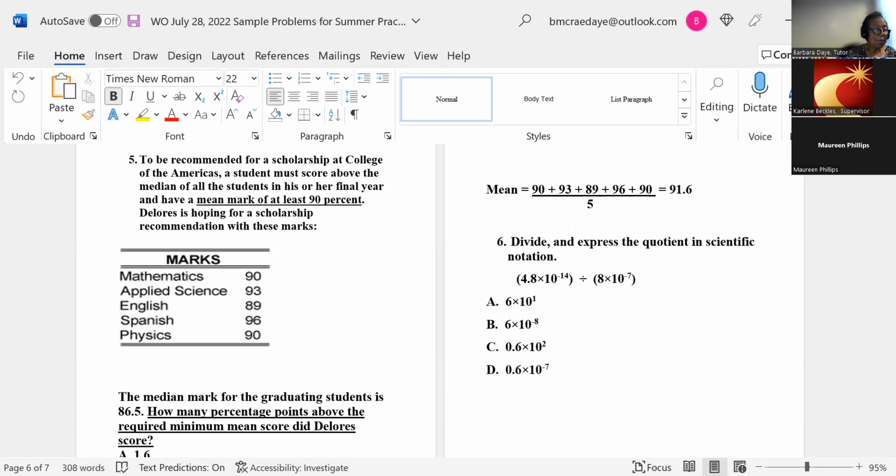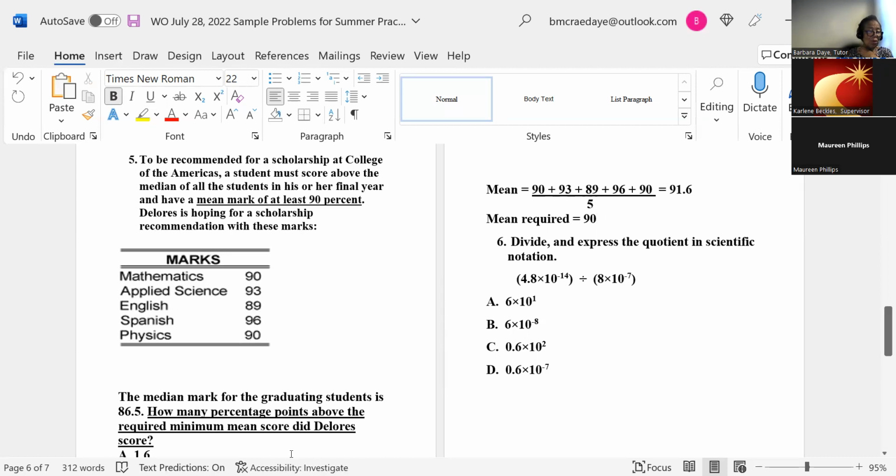Go back up here. A student must score above the median of all the students in his or her final year and have a mean mark of at least 90%. So the mean required equals 90, because that's what it says. The mean mark of at least 90.